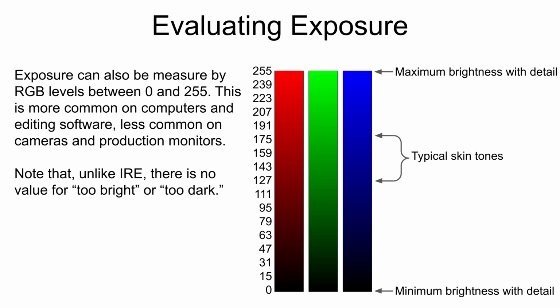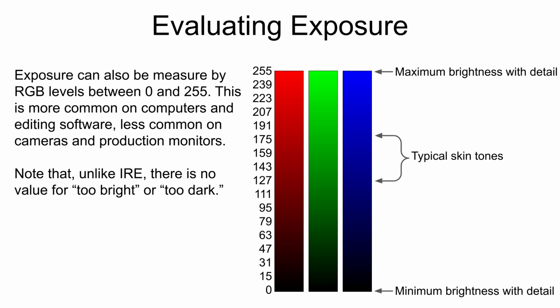Sometimes brightness is also measured in RGB, and this is more common when you're working with computers. A lot of times editing software will refer to brightness in an RGB scale rather than IRE. RGB, you get 3 values, one each for red, green, and blue, and it runs from 0 being absolute black to 255 being 100% saturated, as bright as it can get on that particular color.